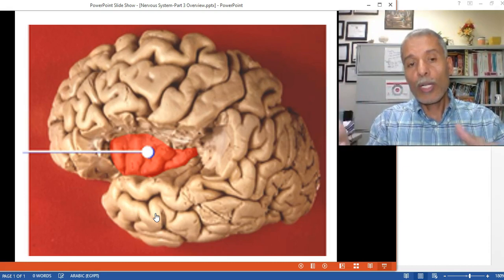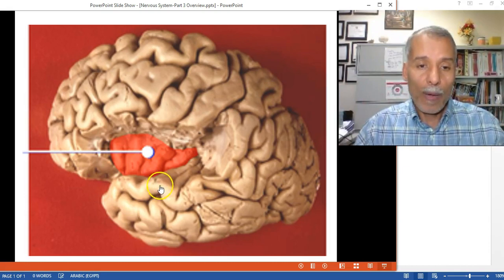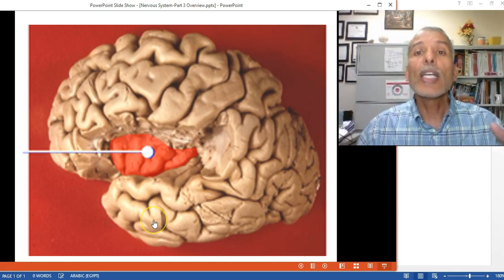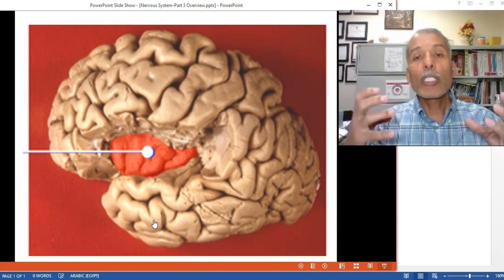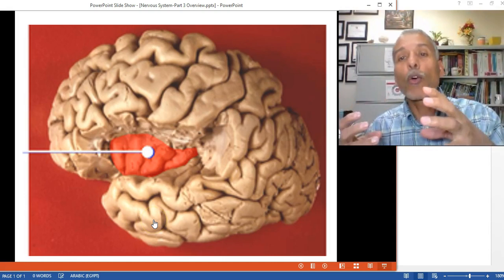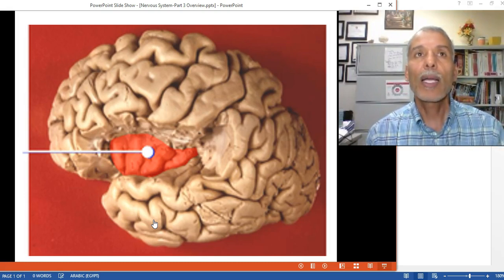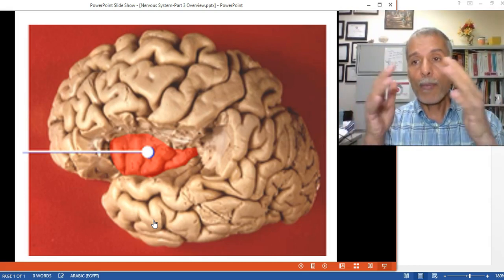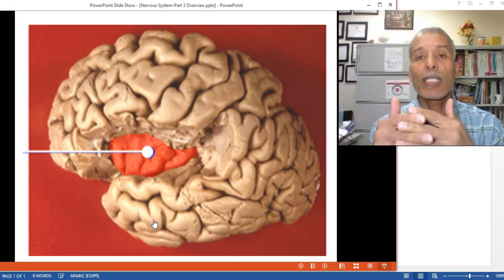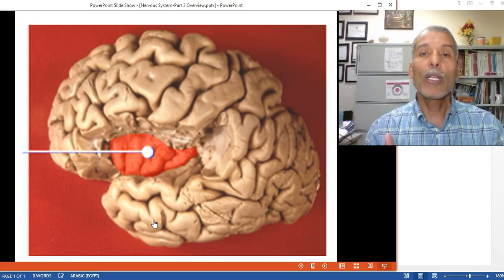works with Wernicke's and works with the primary auditory cortex to integrate auditory signals with the meaning of the words. Like you hear the word cat, it comes initially as like ka, a, t. So then you assemble it as cat, but you do not know the meaning of it.